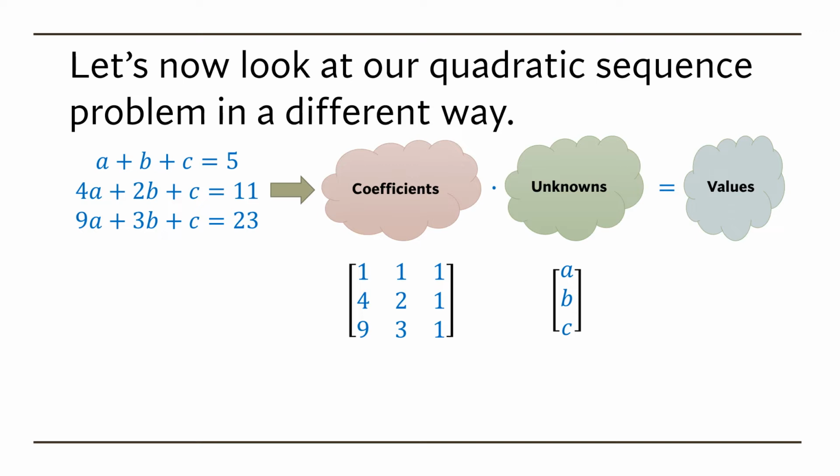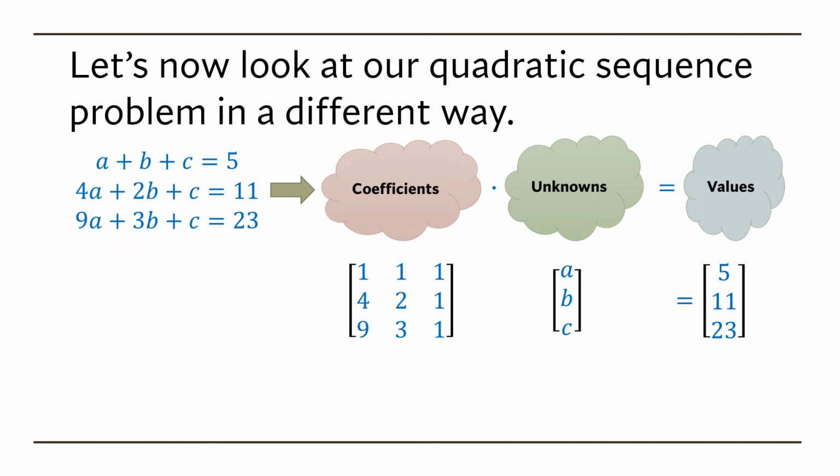And then we set that multiplication equal to the values on the right-hand side. Since they're also in a vertical box, I'll put them in another vertical box like that. So there's our new way of writing this equation.